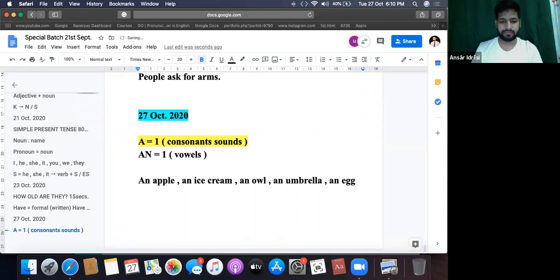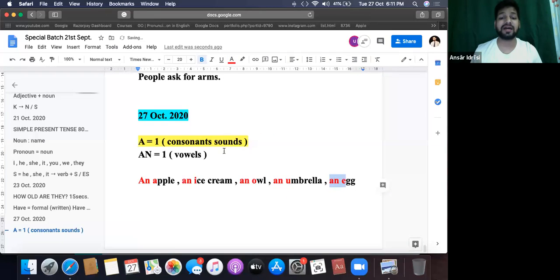Very good. So we use an for singular countable nouns beginning with vowels, correct? An apple, an ice cream, an owl, an umbrella, an orange, an elephant, an island, an egg, etc.